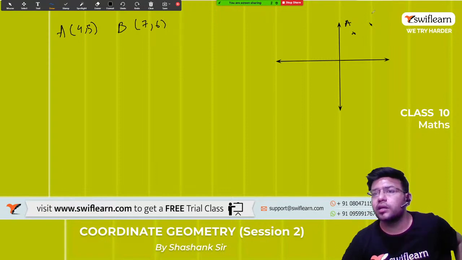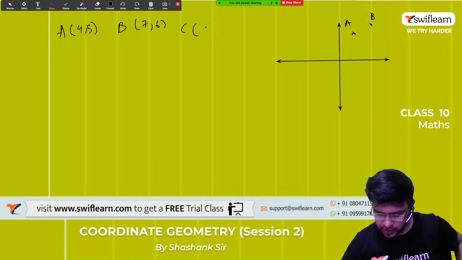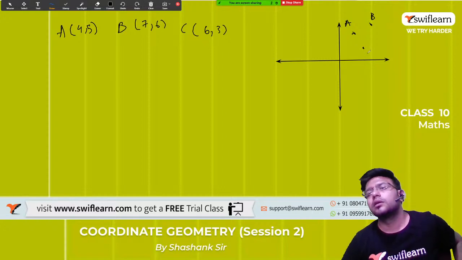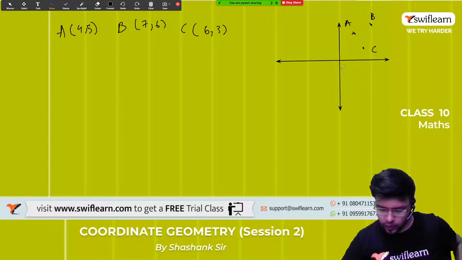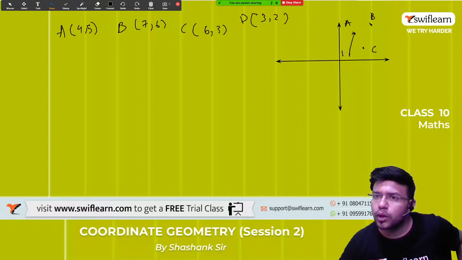This is point A, this is point B. Point C: how much is point C? (6, 3). 6 is in between and 3 is here. This is point C. And point D is (3, 3), it will come here. Now point D is here.